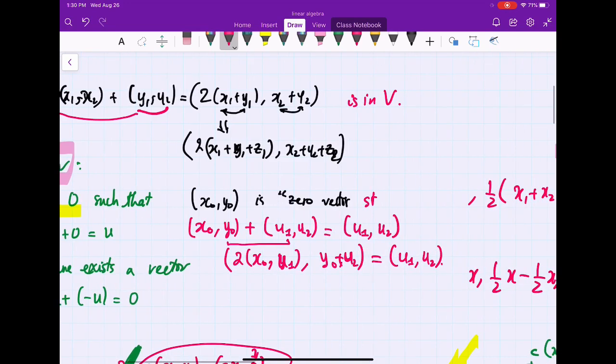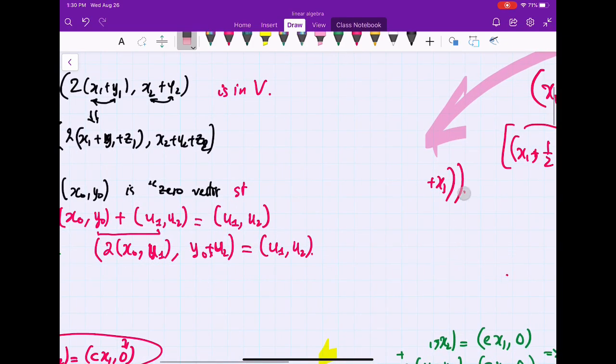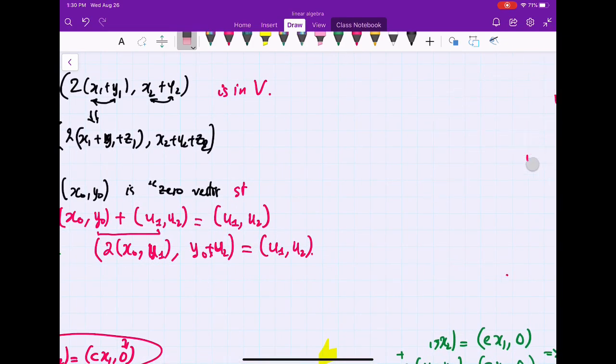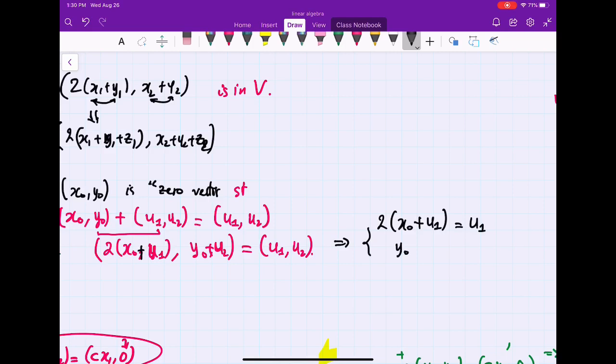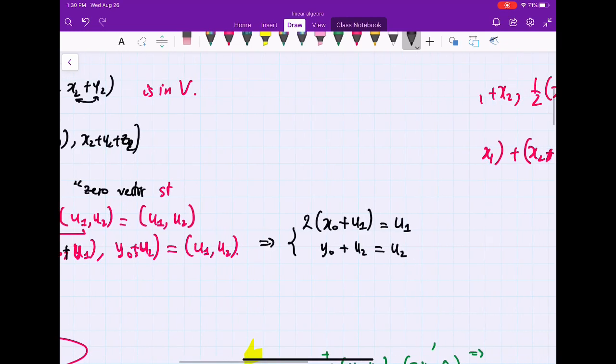So you compare two vectors here, their corresponding coordinates should be equal, right? Then you have the following. From here, you get 2x0 plus u1 equal to u1, and then y0 plus u2 equal to u2, right?